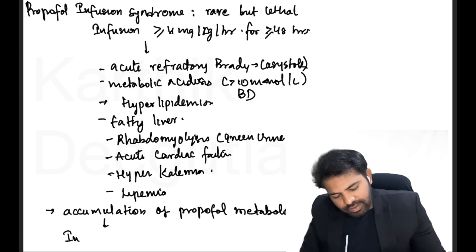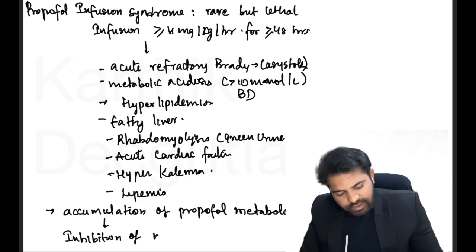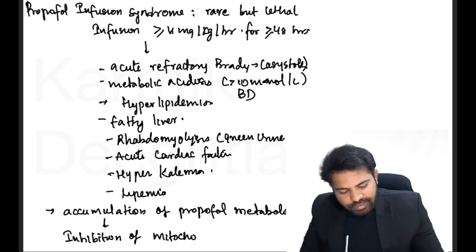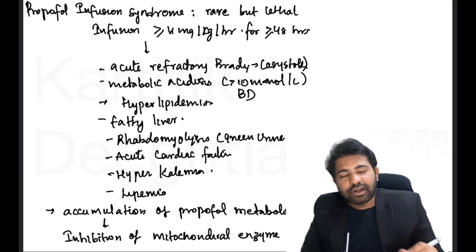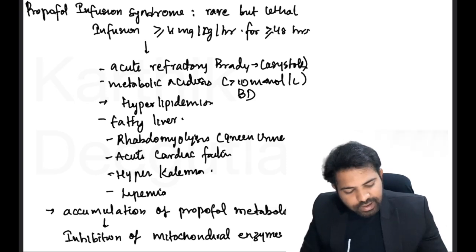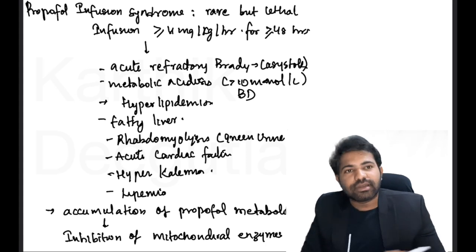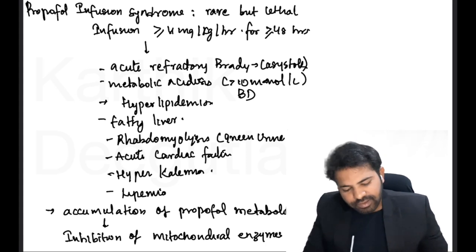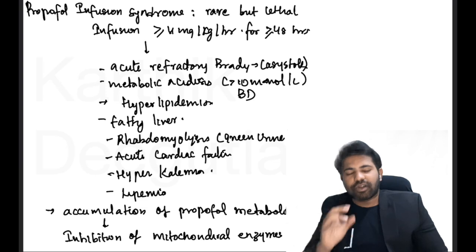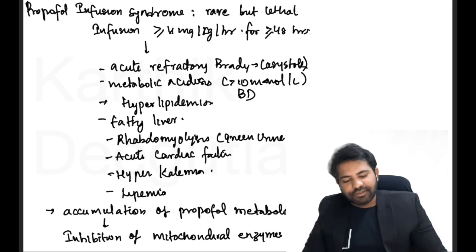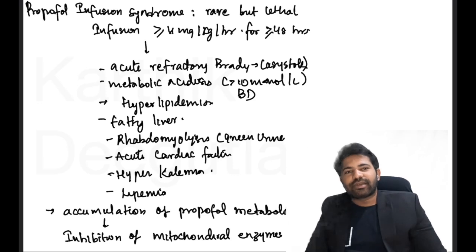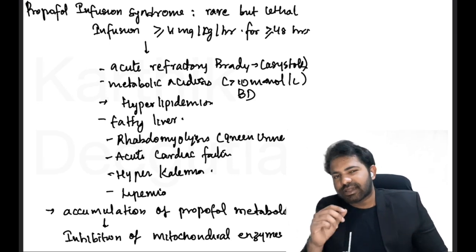This will cause inhibition of mitochondrial enzymes and the electron transport chain. This is the cause of propofol infusion syndrome. Treatment is to treat the cause: stop the infusion, put the patient on a mechanical ventilator, intubate the patient if required, treat the bradycardia, and start cardiopulmonary cerebral resuscitation.